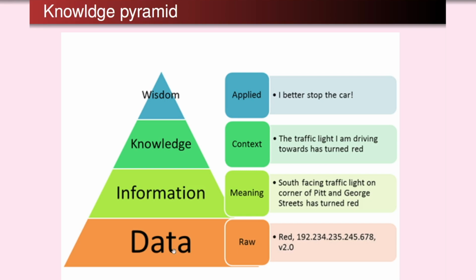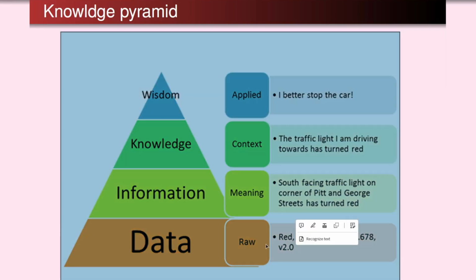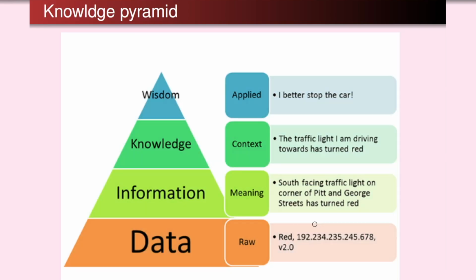Suppose you take the last column of it, which is here. This is data: we just have a bunch of strings and values. We have red, 192.234.235, some numbers and V2. This is just raw data. On top of it, can we add some meaning to it?